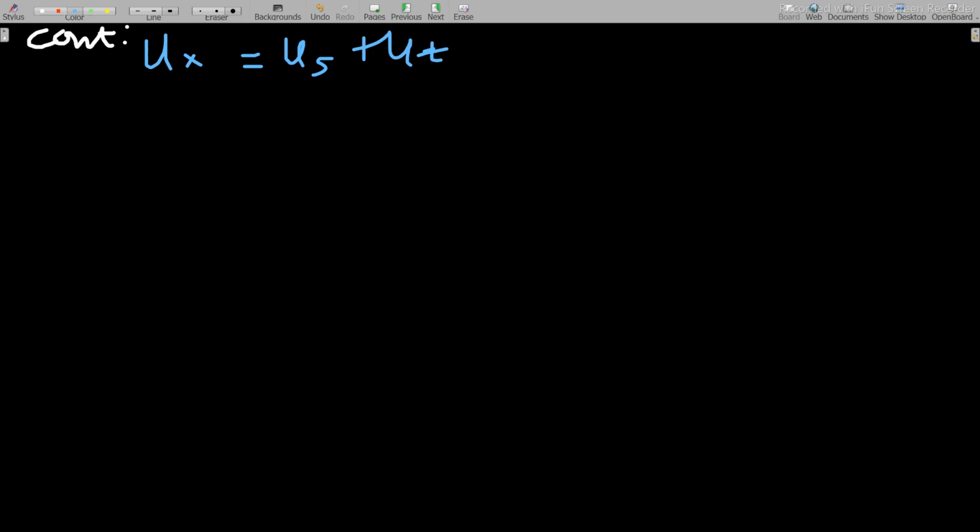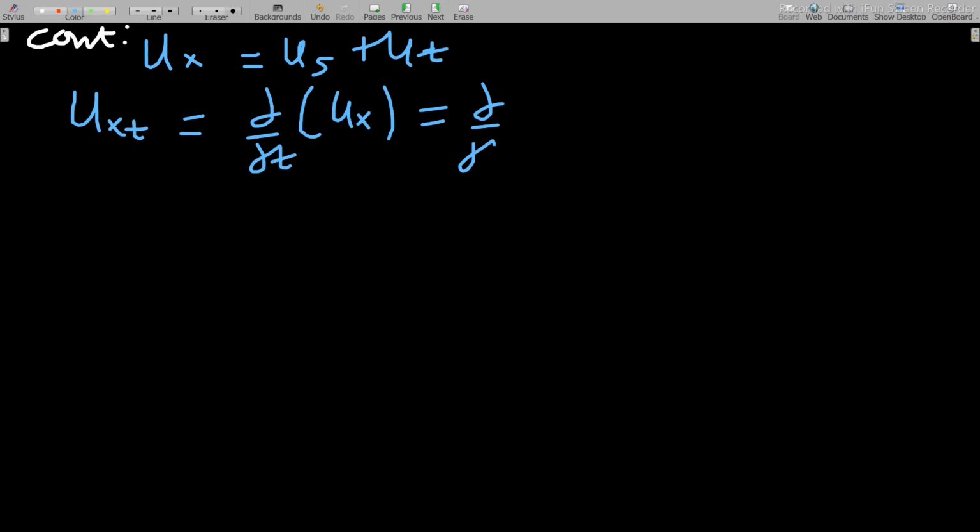This means that U_XT is equal to del T of my U_X, and this is equal to del T of U_S plus U_tau. Okay, it's U_tau rather, U_tau then tau.